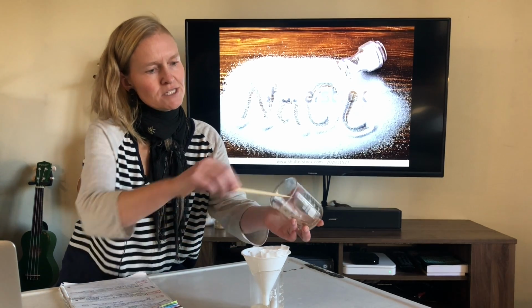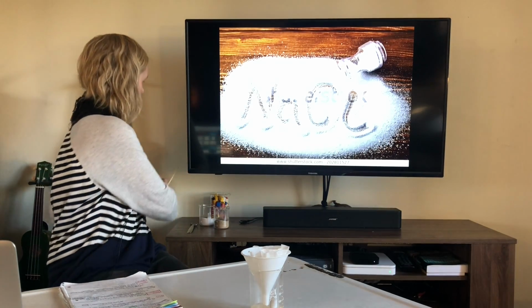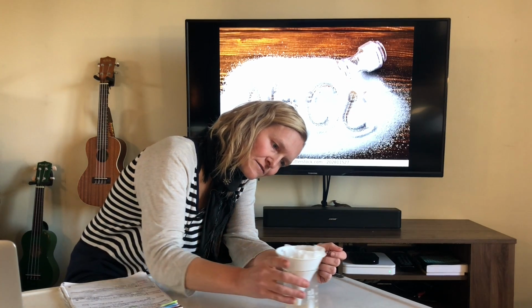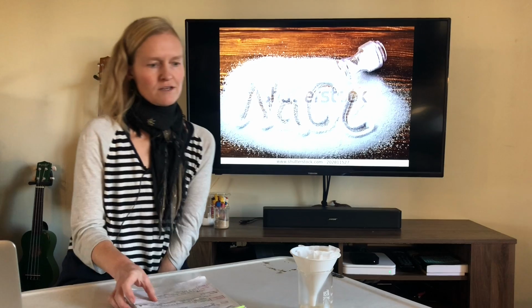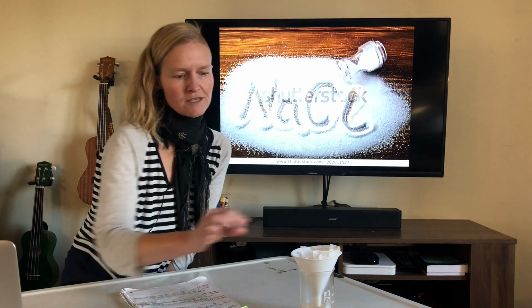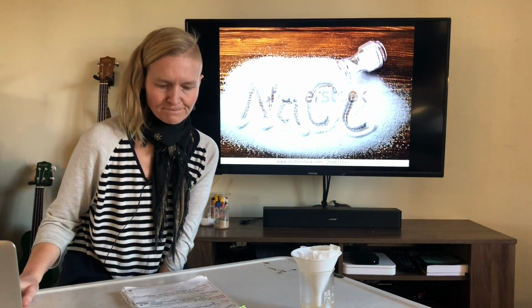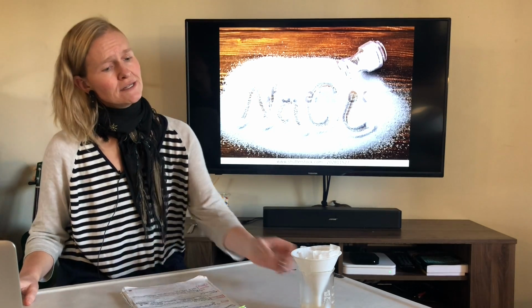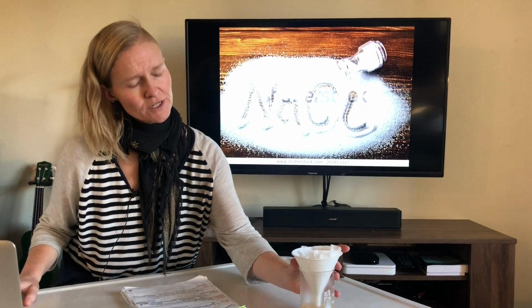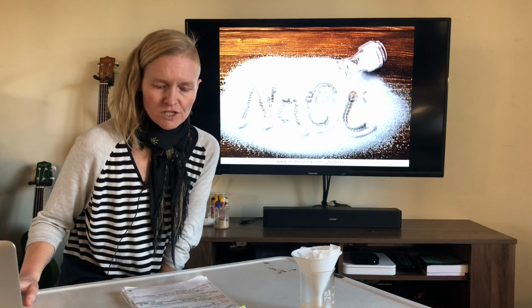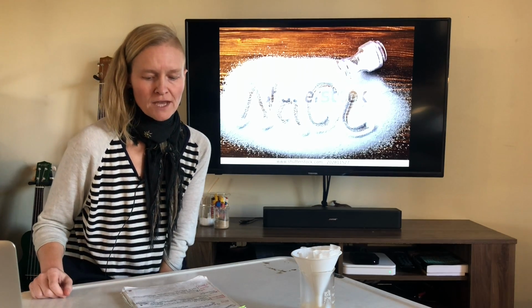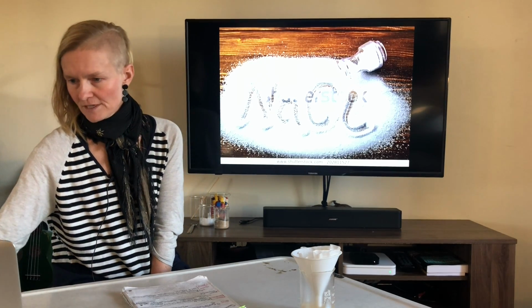Great. And we're just going to leave that for a second. The water's going to run through the coffee filter into the rest of the beaker. So we're going to wait on this and see what happens and what it looks like in the end. And we're just going to talk about the different kinds of mixtures that we can have. There's two different kinds of mixtures.